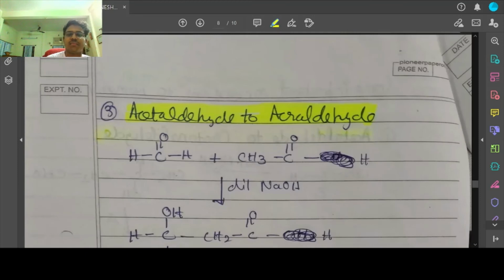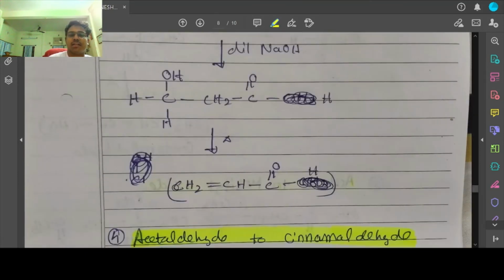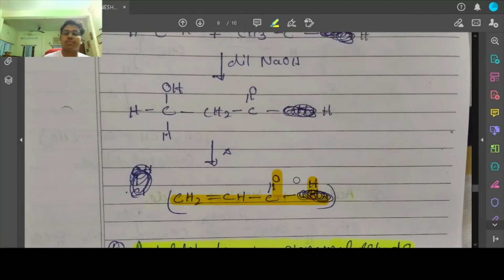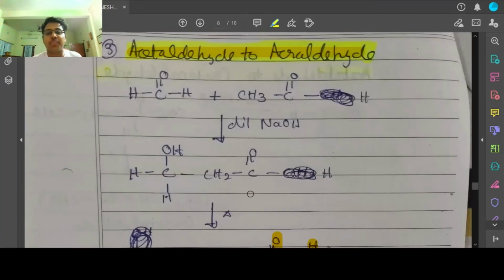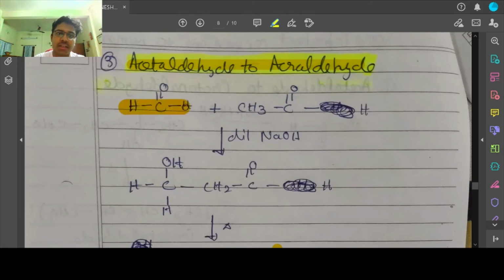Okay, so acetaldehyde to acrolein. This compound is known as acrolein. Acrolein is formed by the aldol condensation of formaldehyde and acetaldehyde. It is formed by the crossed aldol condensation, which we have done.